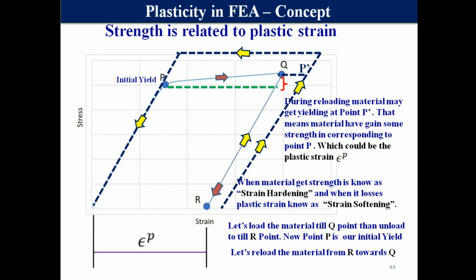So as you keep on increasing the load, the strength of the material should decrease. But here we are saying we got a new yield point which is higher than the old yield point. It means the strength has increased.